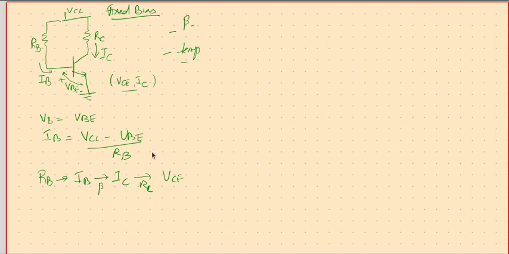If IC is not the same, VCE will not be the same. Therefore, this point is going to be some other point. If it is on some other point, then the working characteristic of this amplifier is going to be disturbed, and hence our amplifier will not be behaving as we thought.